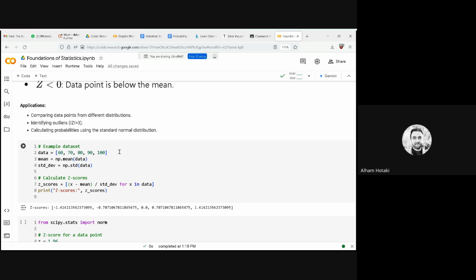Also, z-score is useful for outliers. For example, sometimes instead of the IQR, you can use the z-score for detection of outliers. For example, if a point is 3 times far away from the mean of that distribution, I want to consider it an outlier. And why the absolute value? Absolute value plays a key role here because it means either to the right of the mean or to the left of the mean.